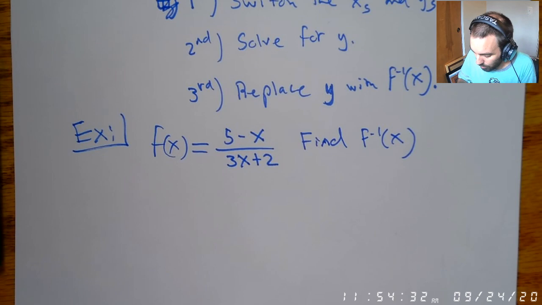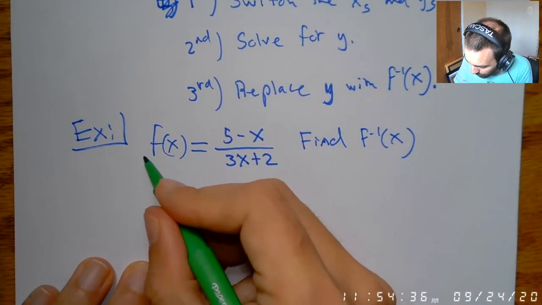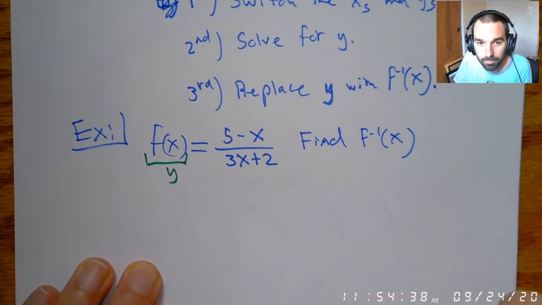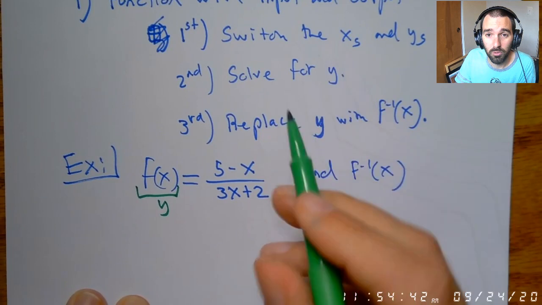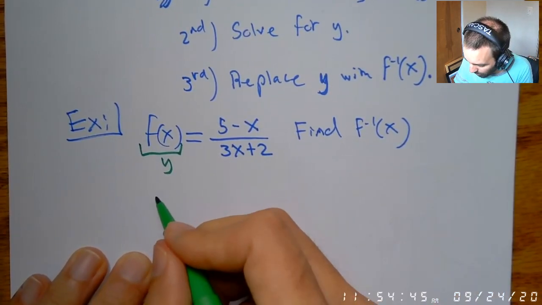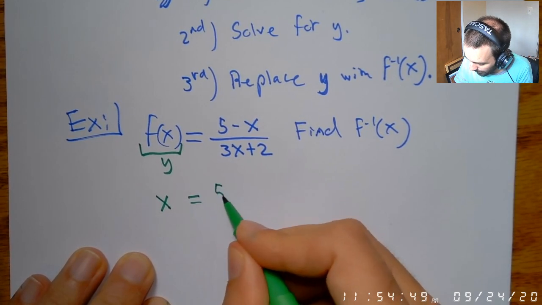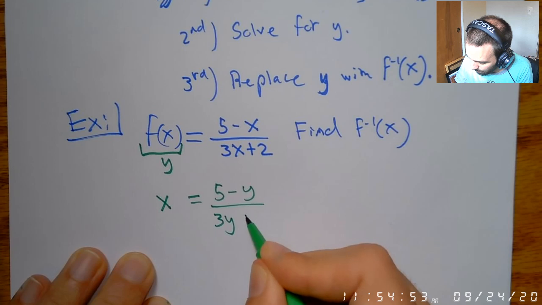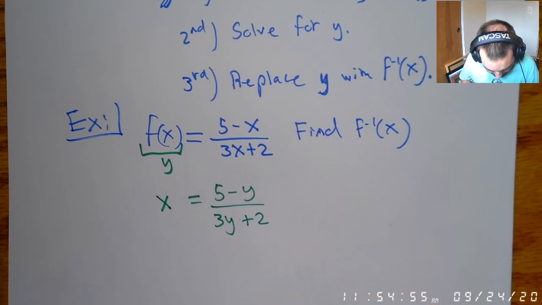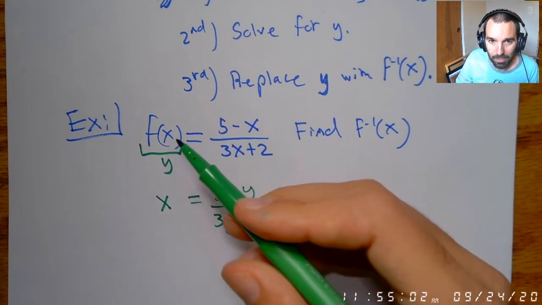To do this, first remember, isn't f of x just y? So what I'm going to do is switch my x's and my y's. So this is x, and then I have 5 minus y over 3y plus 2.